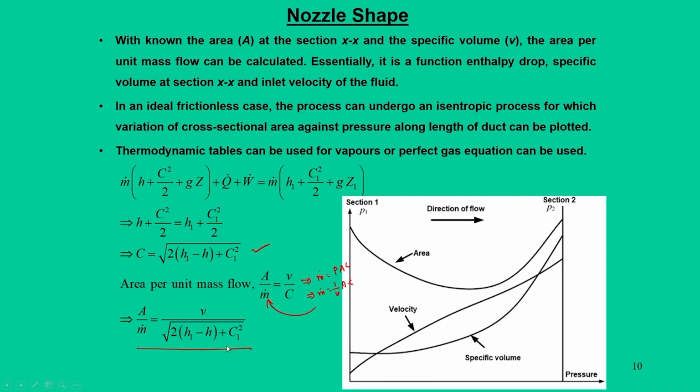Now, let us try to understand these expressions by taking two sections, section 1 and section 2, and plotting the curves: how area varies with pressure, how velocity varies with pressure, and how specific volume changes with pressure.